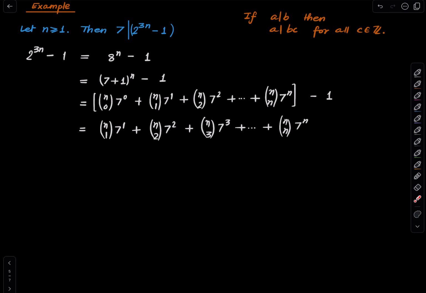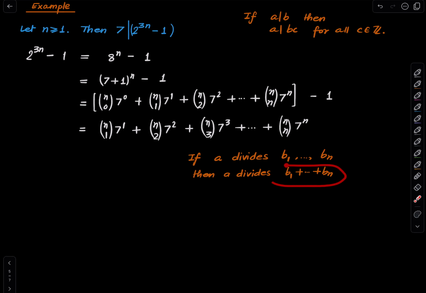So again, what we are saying is that if A divides B1 up to Bn, then A divides their sum. If A divides each of B1 up to Bn, then it also divides their sum, a trivial property.